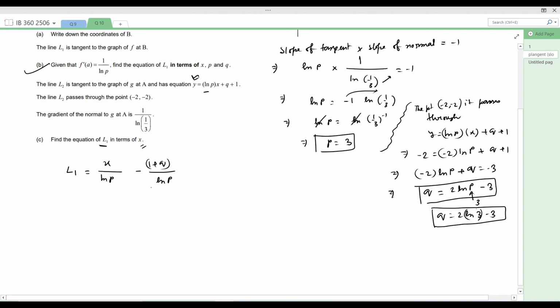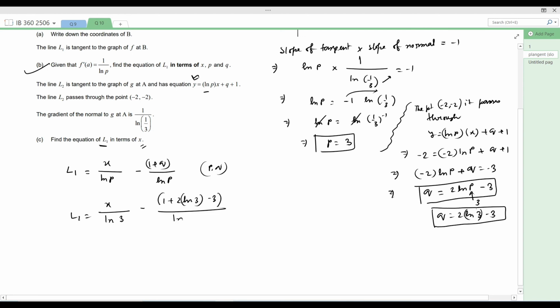If we put the values of p and q from the above two equations, then L1 equals x by ln 3 minus (1 plus 2 ln 3 minus 3) divided by ln 3.